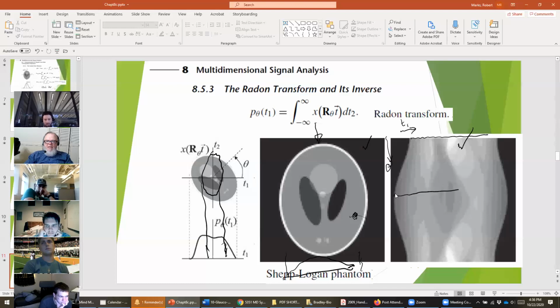What does this slice correspond to? This slice corresponds to a 90-degree rotation, because at this point the Shepp-Logan phantom is the fattest, and therefore its projection is going to be the widest.